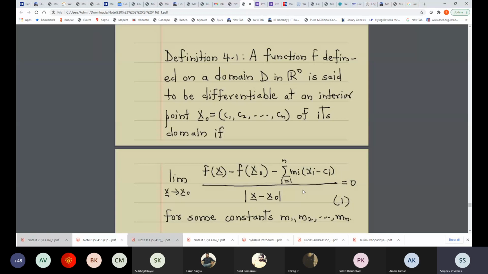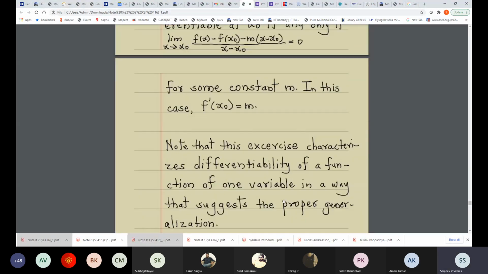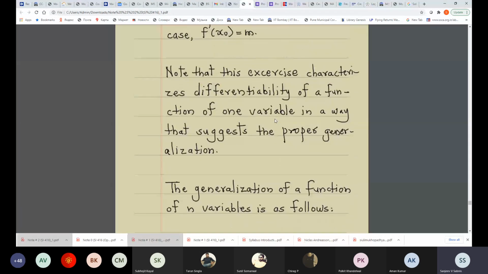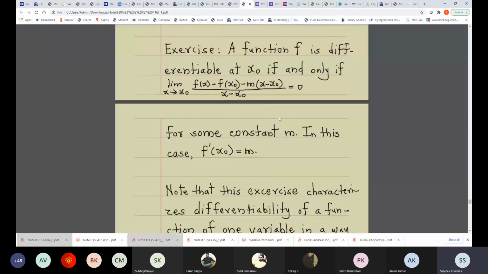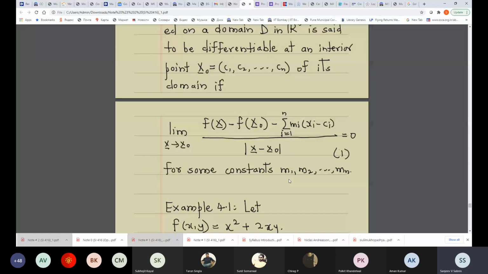But having given this, this definition does make sense. First of all, if n is equal to 1, this does reduce to the earlier one. It's a simple consequence. Now one can guess what these constants m1, m2, mn should be.